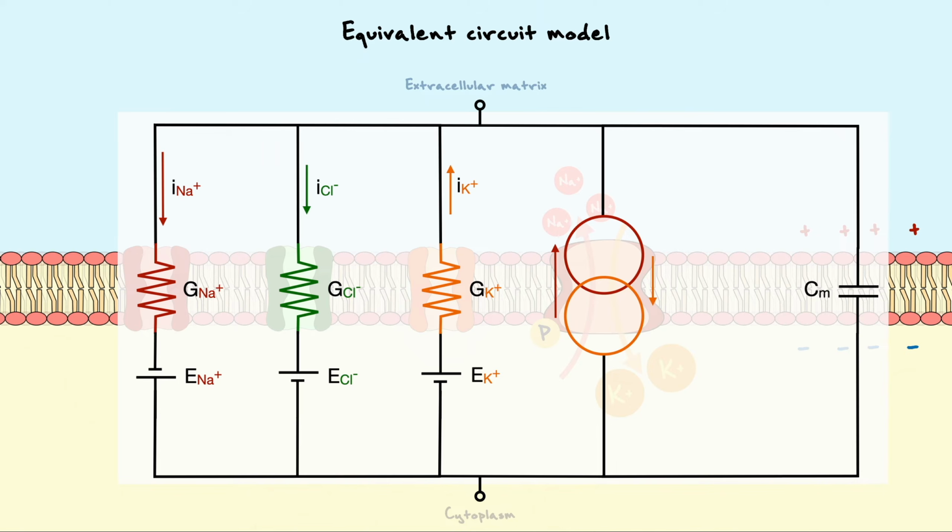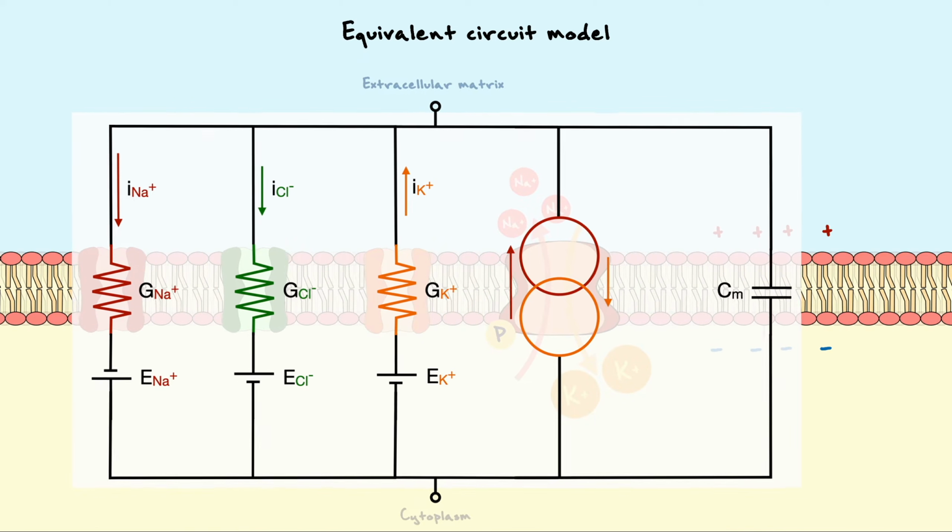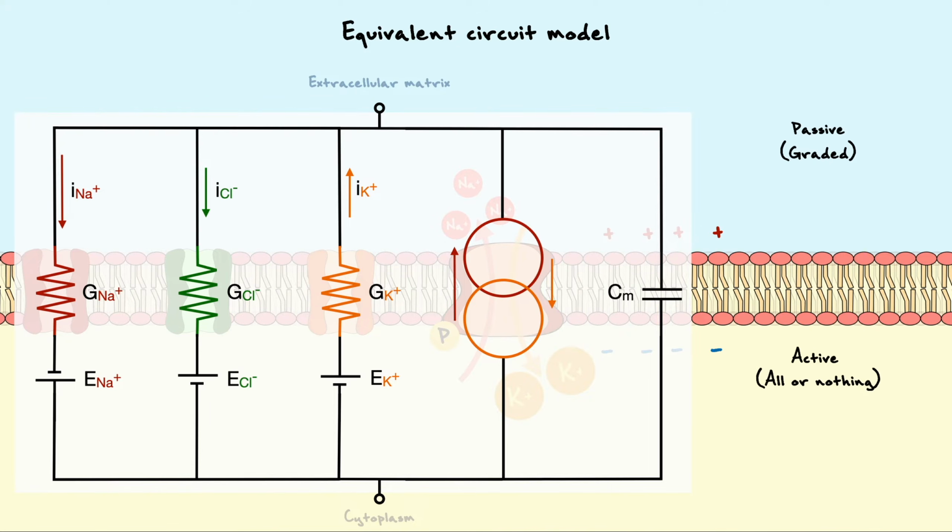With this being said, I want to point out that the circuit that we have built for the moment does not clearly discriminate between what happens during passive or active conditions. Indeed, the passive graded state, when we don't consider ligand-gated channels that open from interactions with other neurons, mostly operates through what we call leak channels, which includes a wide variety of potassium, chloride, and sodium channels that are open at rest according to the relative permeabilities we have established.